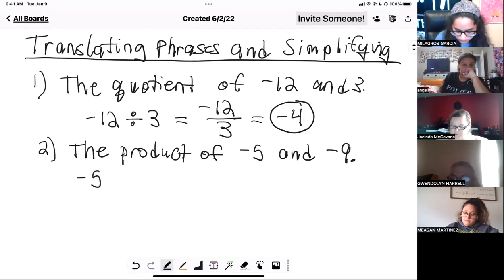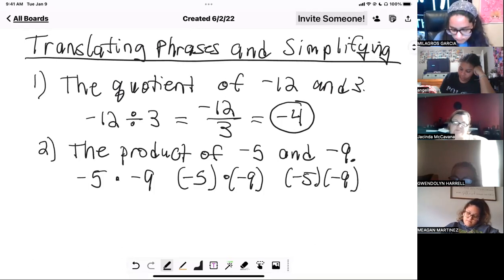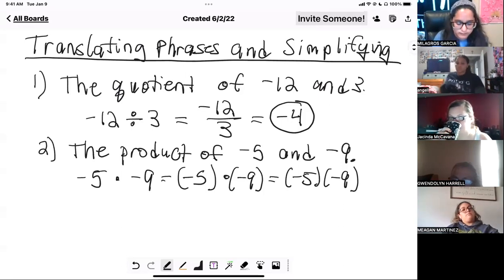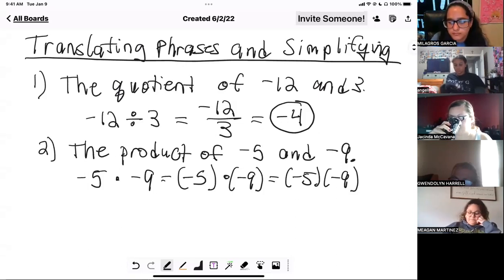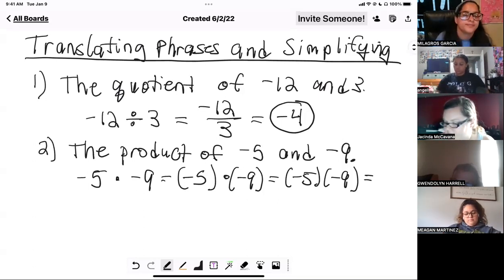You could do -5 times -9, and there are many different ways to write the same thing. So they all mean the same thing. Doesn't matter which way you write it, as long as it's written one of these ways. And then 9 times 5 is 45, but a negative times a negative makes a positive. So it'd be 45.